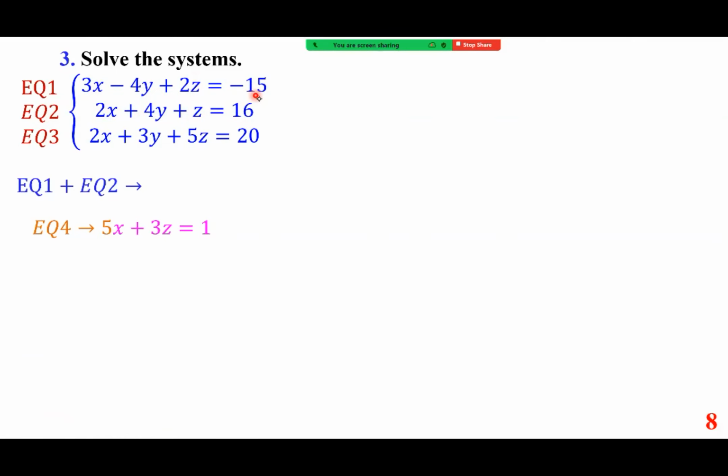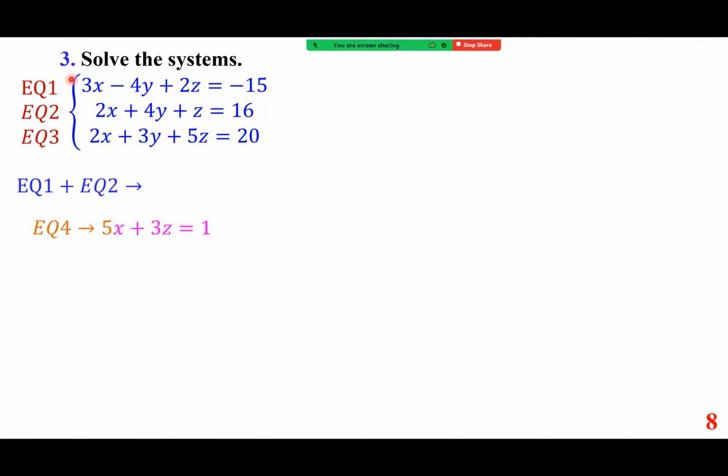Now, what matters is that since you use the first equation and second equation to get rid of the y variable, now the one which hasn't been used, number 3, must be used with one of the two, it doesn't matter which one, and you must get rid of the same variable, namely y, because we have 3 variables, we want to go to 2 variables. Okay, so equation 4 is the combination of 1 and 2.